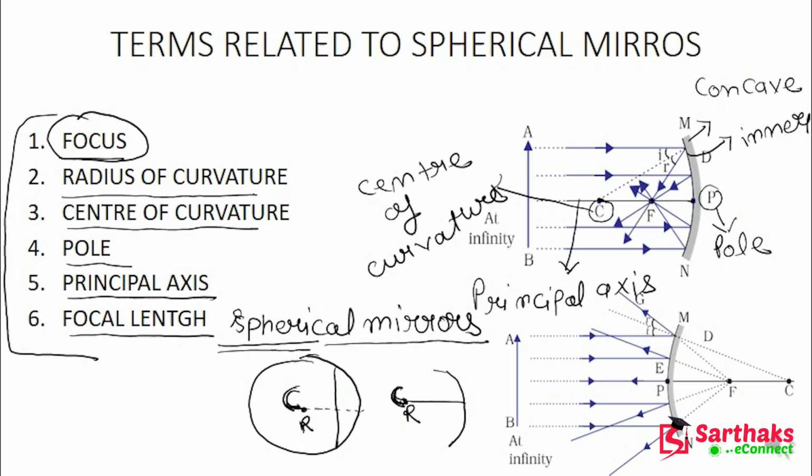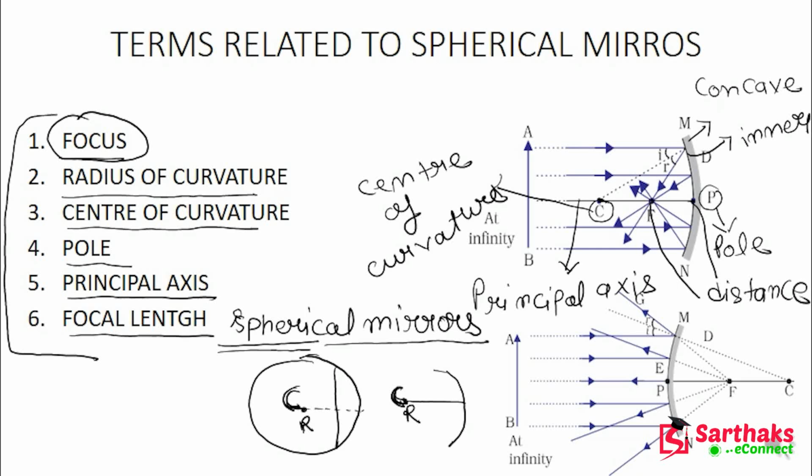Now, focal length. The distance from focus to pole is known as focal length. Let's suppose this is point F and this is point P, and the distance between these two points is our focal length.